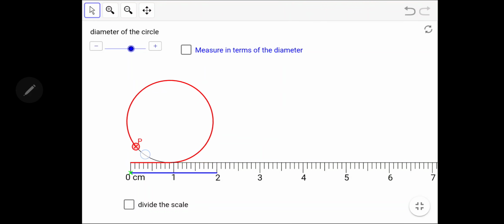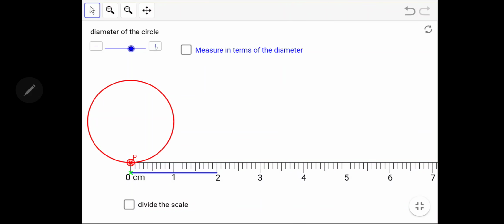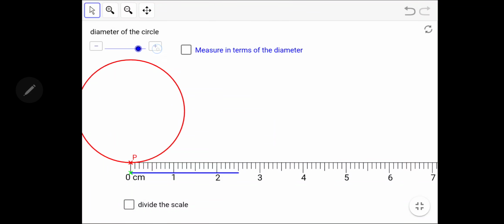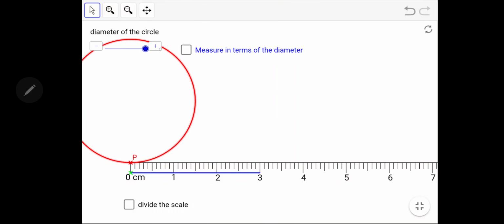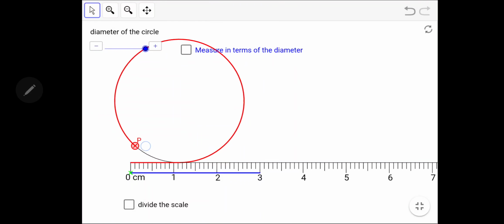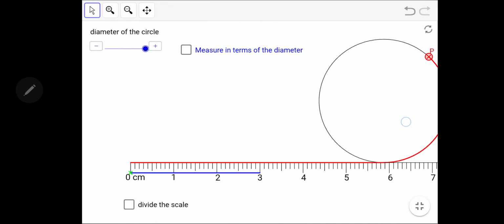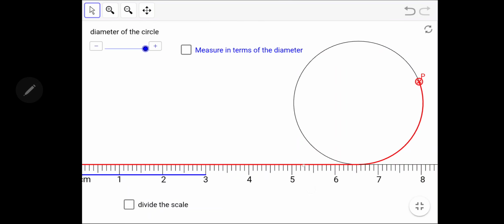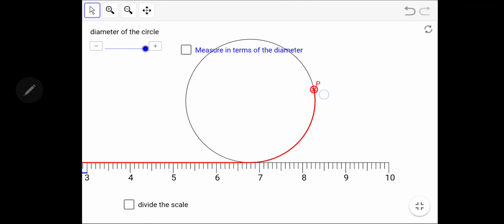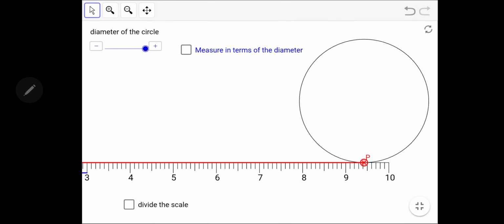Let's take that back. Let's do one more. Let's make it a little bit bigger. Let's go up to 3. A diameter of 3. I'm going to unwrap it. Oh, I run out of room, don't I? So let me slide this over. A diameter of 3 gives me a circumference that is a little more than 9.